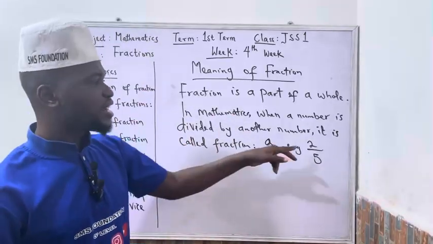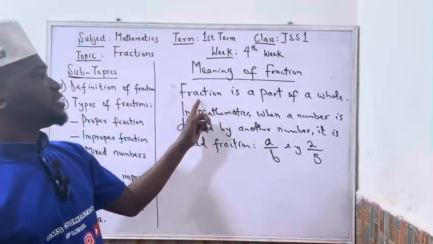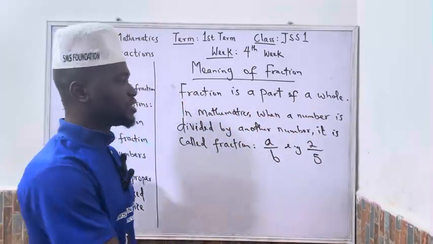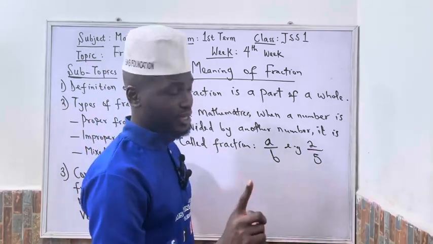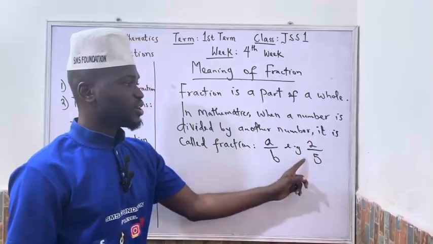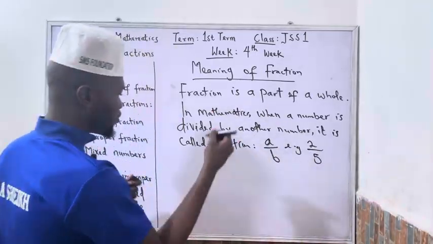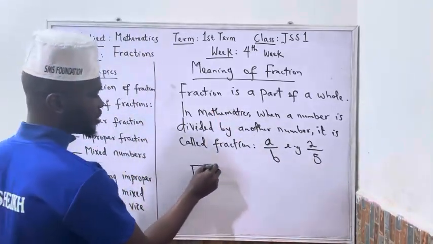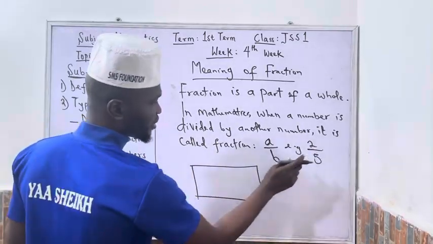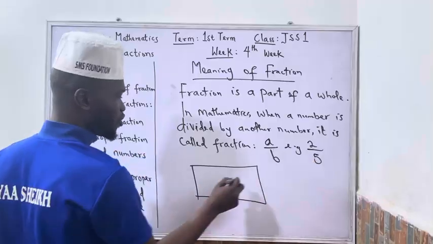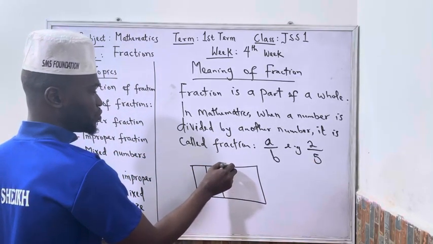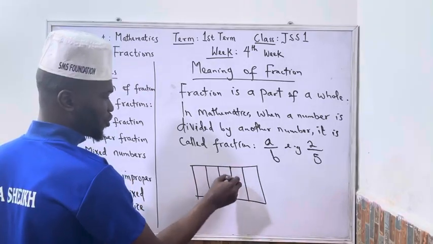So what does this actually mean? When you divide something into 5 equal parts, and you pick just 2 out of the 5 equal parts, that means you have represented 2 over 5. For example, let's take a rectangle and divide it into 5 equal parts: 1, 2, 3, 4, 5.